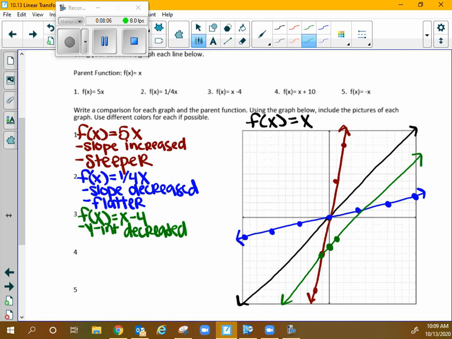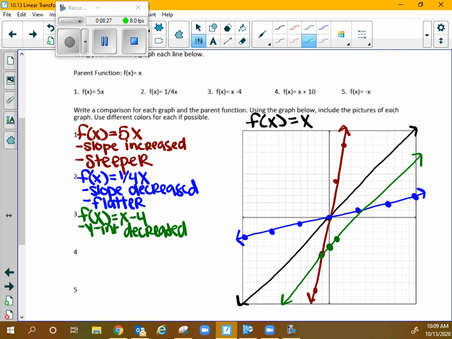What kind of relationship did that new line have with the black line? Parallel, same slope, different y-intercept. So what can I say as far as transformations are concerned? What happened to that black line to create the green line? It went down.